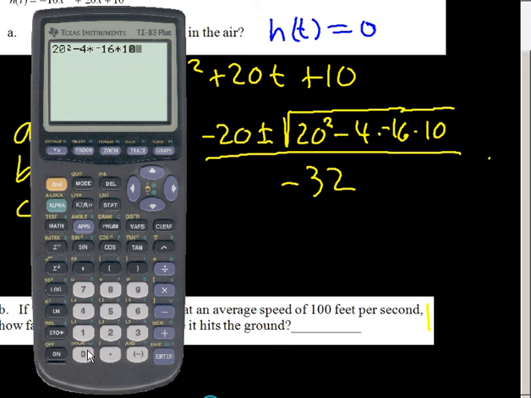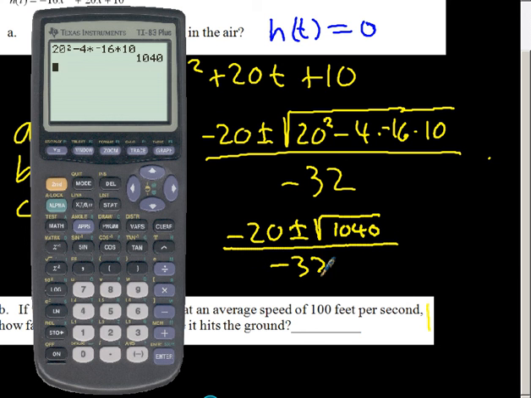Hit enter. Okay, 1040. So that's what's inside my radical. So now I have negative 20 plus or minus the square root of 1040 all over negative 32. And that's what X equals.